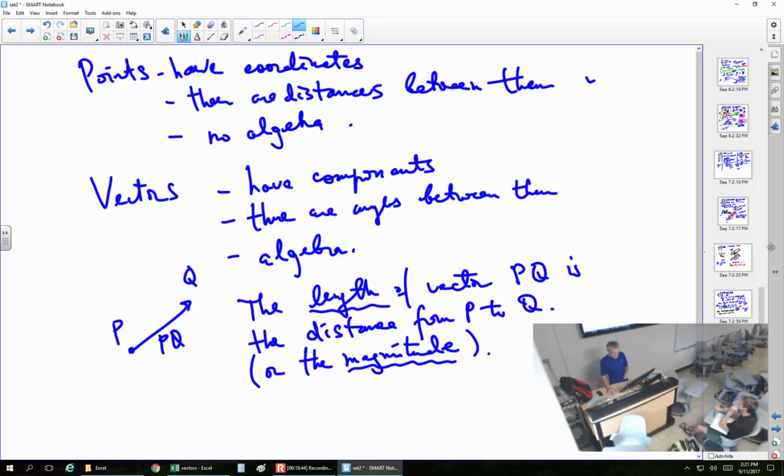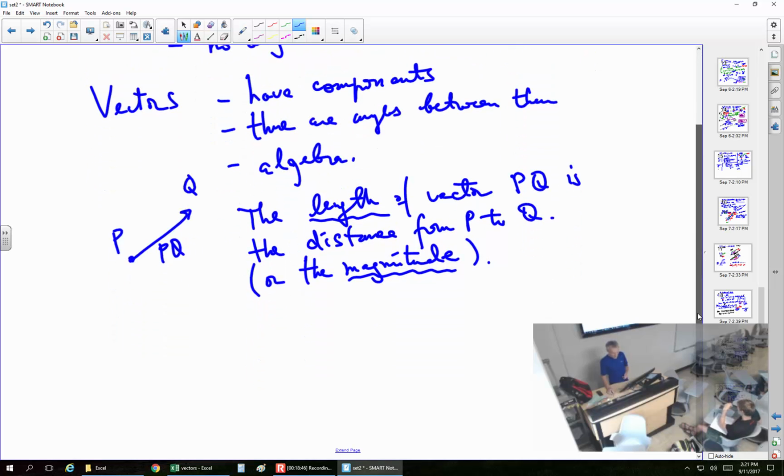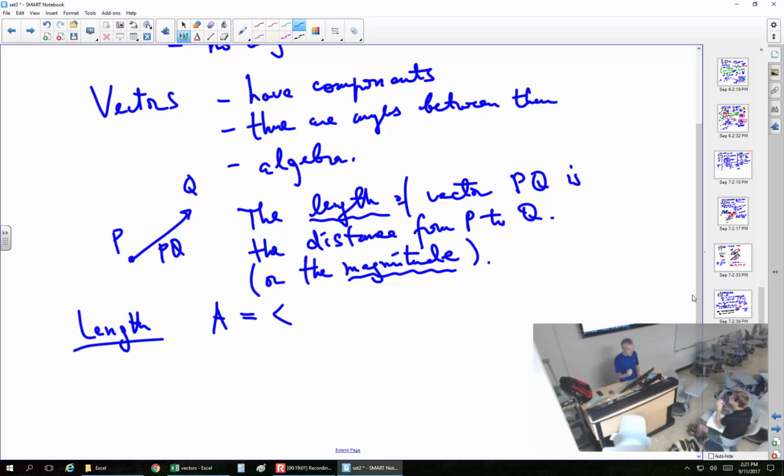Well, once that is established, then the formula is very simple. So it's a length formula. So if, say, vector A is given by its components, say A1, A2, up to AN.